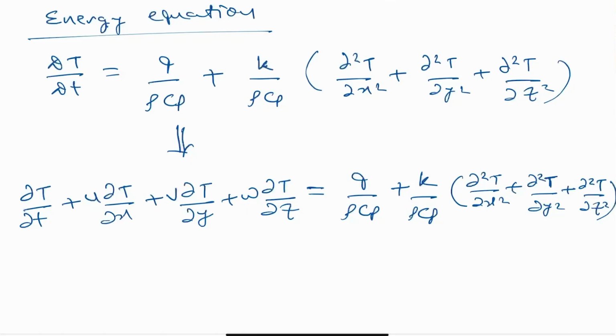Right, and once again here we have the local change in temperature, advective change in temperature, and then we have the source or sink term, and then we have the diffusion term.